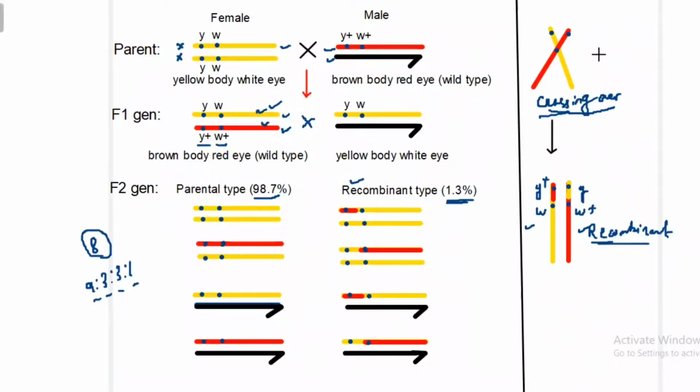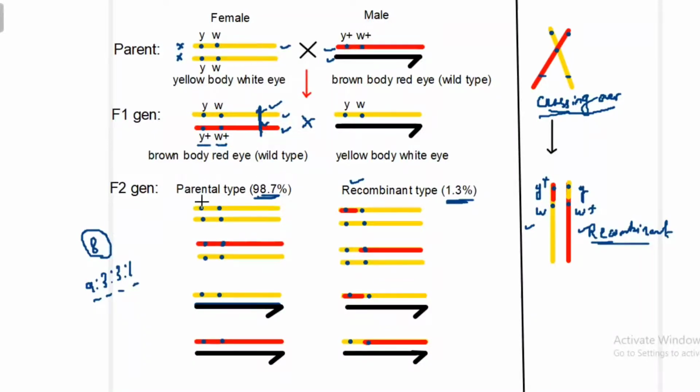Okay, if there will be crossing over here, in this region, so these two alleles will not be separated, okay. Y and W will not be separated, will not be segregated if there is crossing over at this point, okay. Because they are closely associated, so the recombinant type is few and parental type is more, okay.